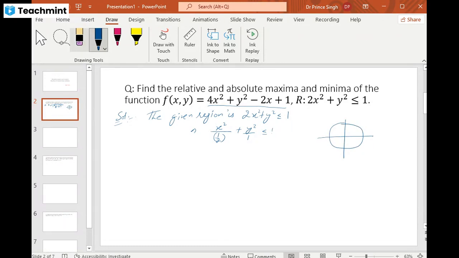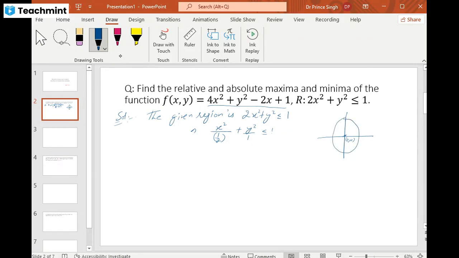whose center is the origin, having the major axis as the y-axis and the minor axis as the x-axis. So basically the shape of the region is like this.